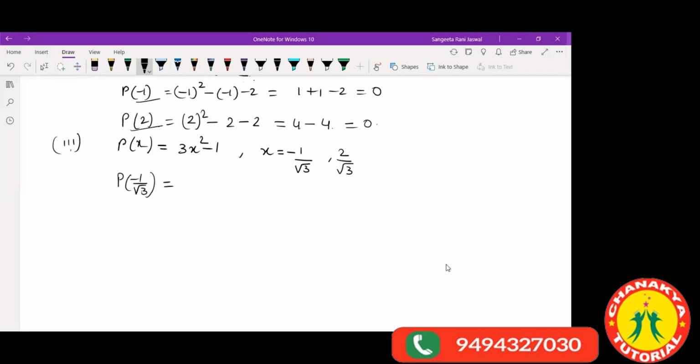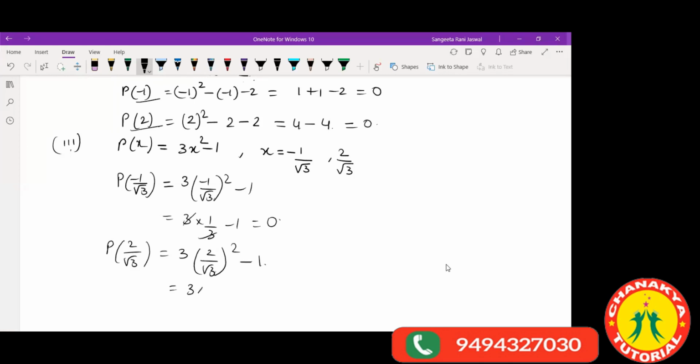So let's do it: in place of x, minus 1 by root 3, square, into 3, minus 1. So this becomes 3 into 1 by 3 minus 1. So this cancels, so this is 0. Next one is 2 by root 3. So 3 into (2 by root 3) square minus 1.